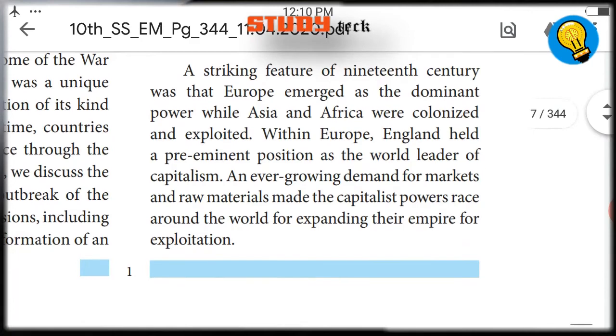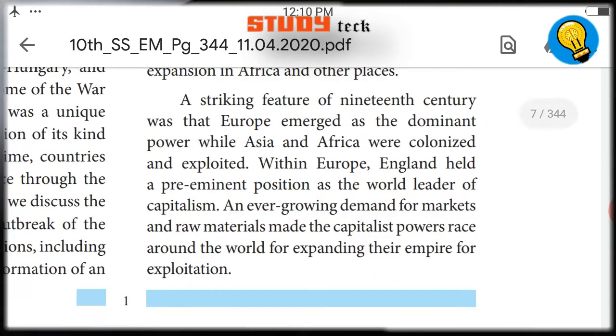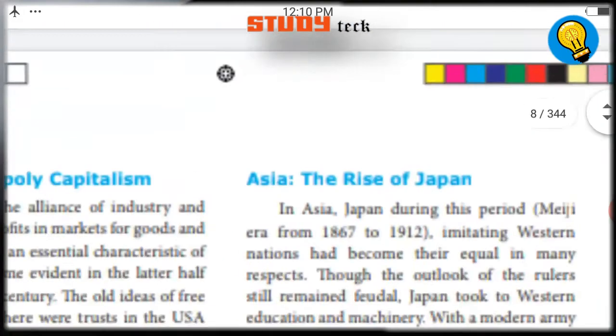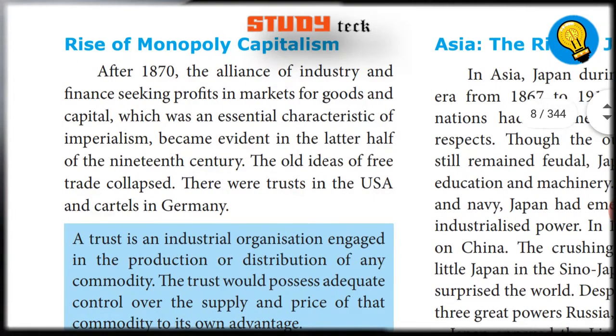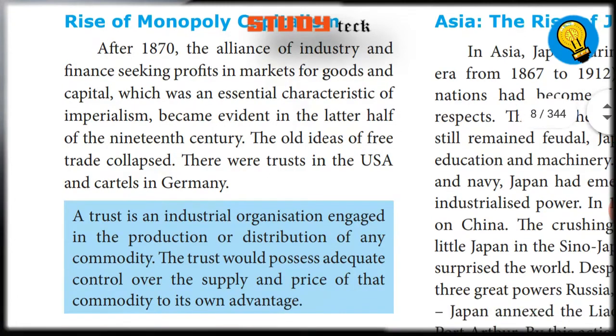The most powerful countries created colonialism in many nations with the main aim of exploiting resources. Next, the rise of monopoly capitalism. After 1870, the alliance. What is the meaning of alliance? It means an agreement between groups or countries. The alliance of industries was an agreement between industries and finance seeking profits in the market.